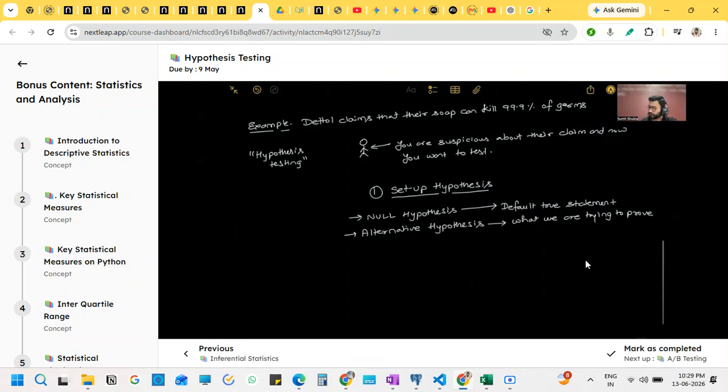If I think about the Dettol example, your null will be Dettol can kill 99.9% of germs. That's the truth that everyone believes. Alternative is Dettol cannot kill 99.9% of germs. That is what we want to prove because I don't believe this particular number, right? Let's take a few more examples.